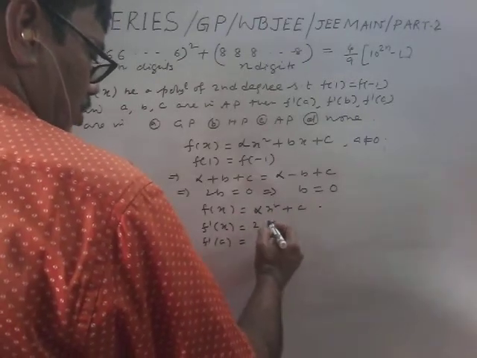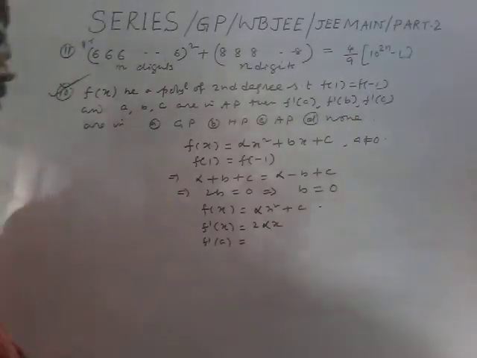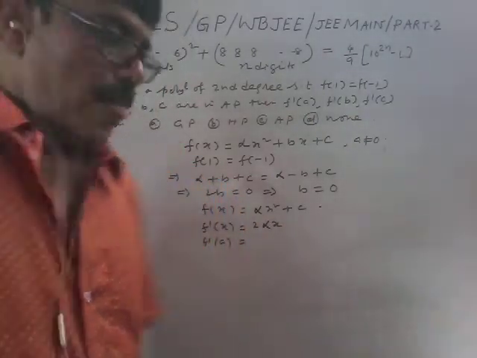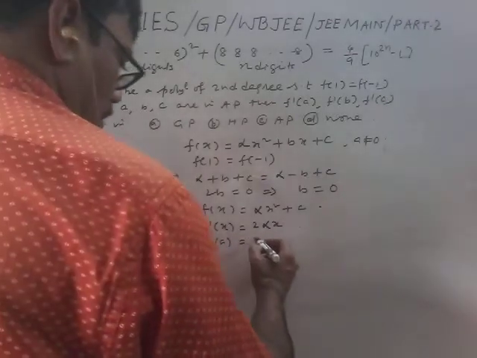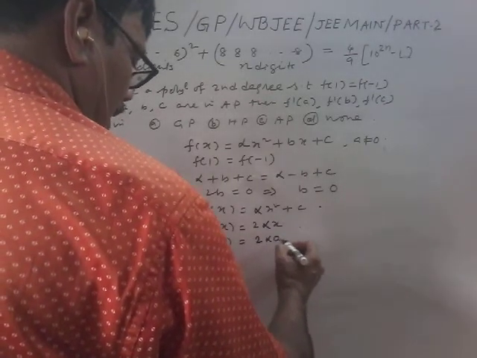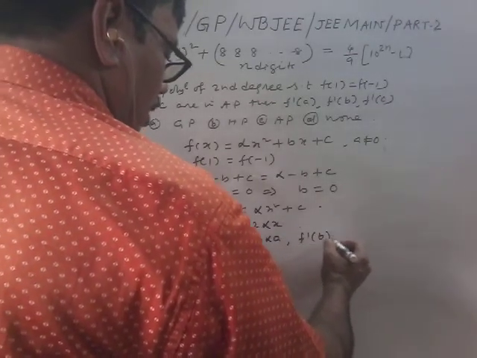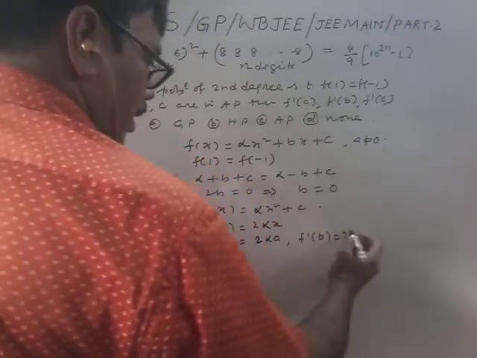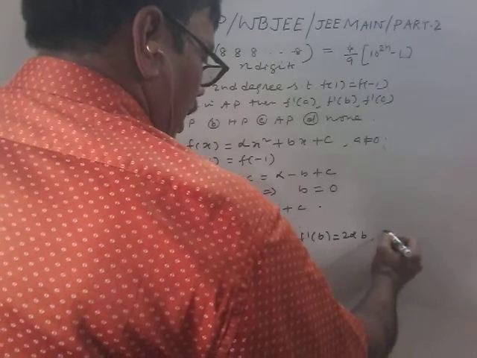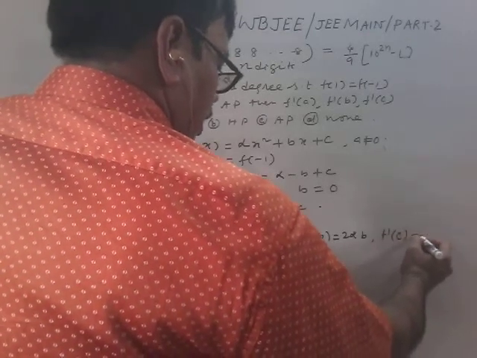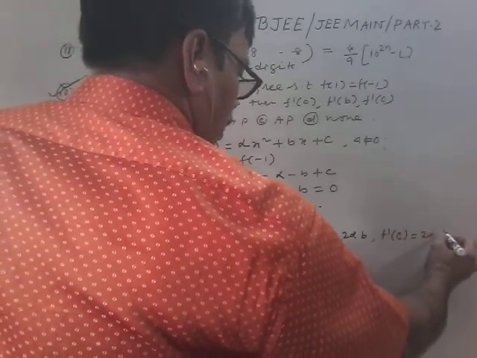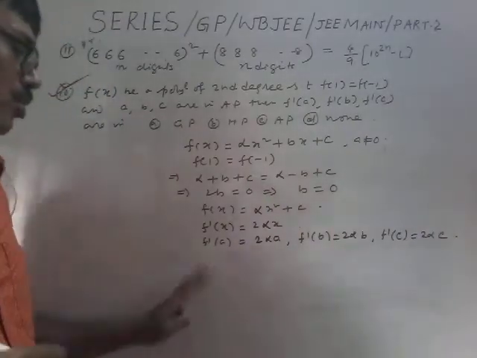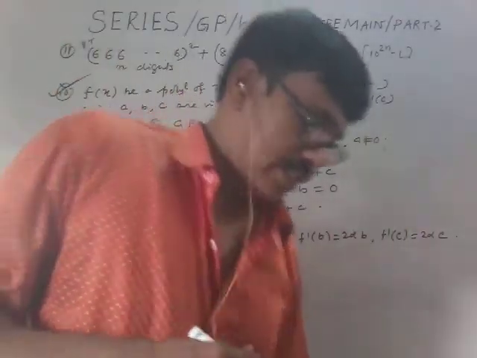So f' equals 2 alpha x. So what is f'(a)? 2 alpha a. f'(b) is 2 alpha b and f'(c) equals 2 alpha c. So we are calculating this.